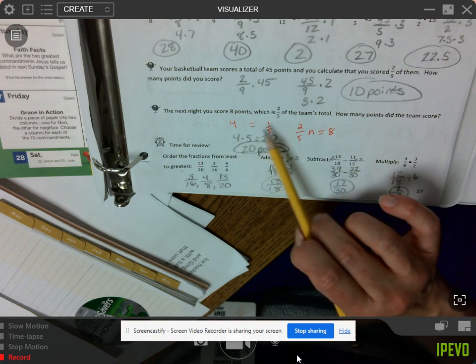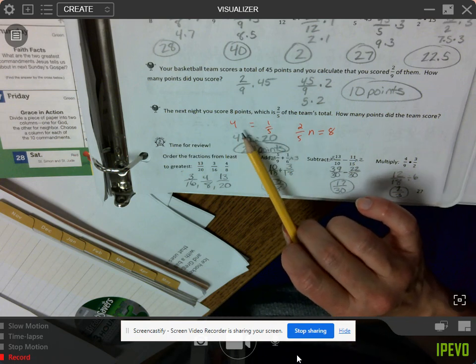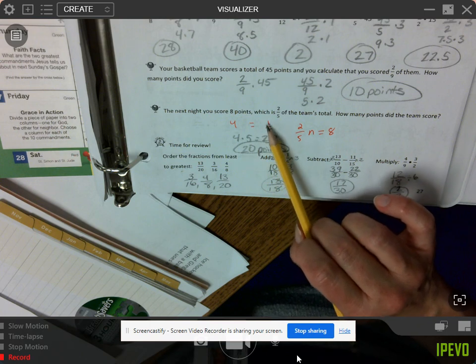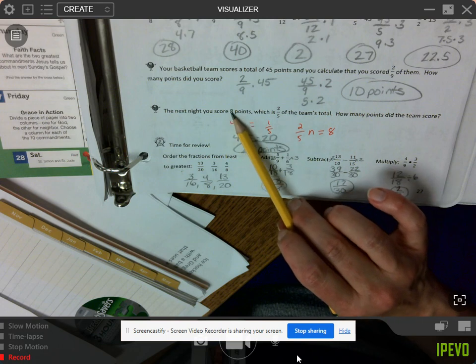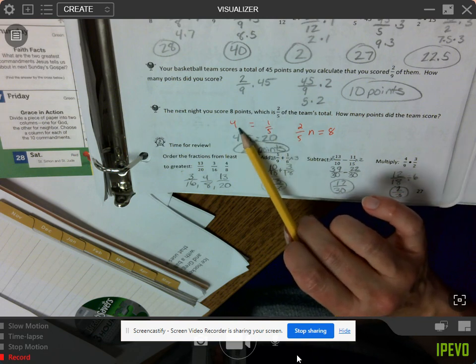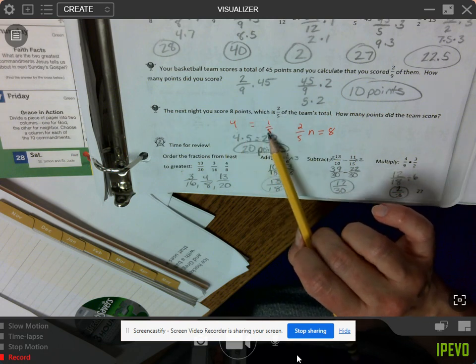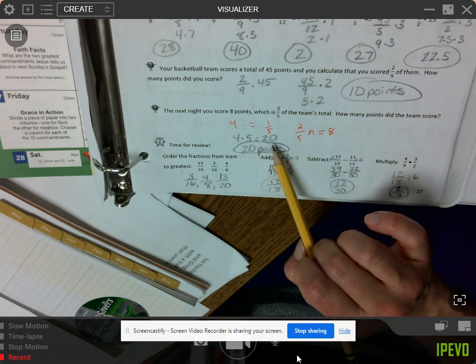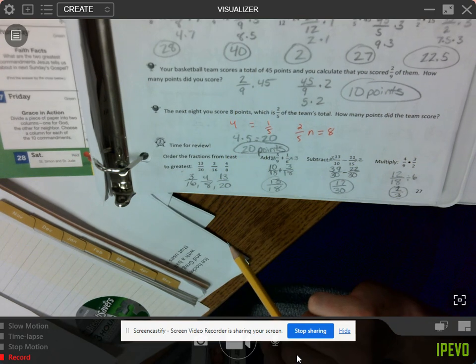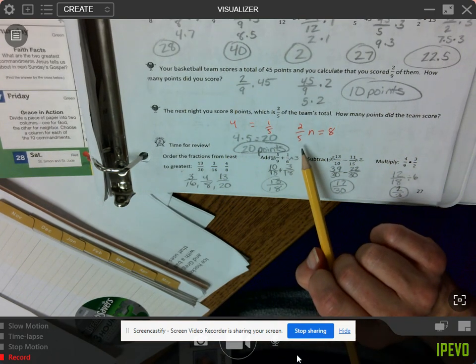So we know we've got our fifths here. You scored 2/5, so 8 points would be 4 times the 5. Do you guys understand this one? Did everybody get 20 points, or are we not sure how we did that?